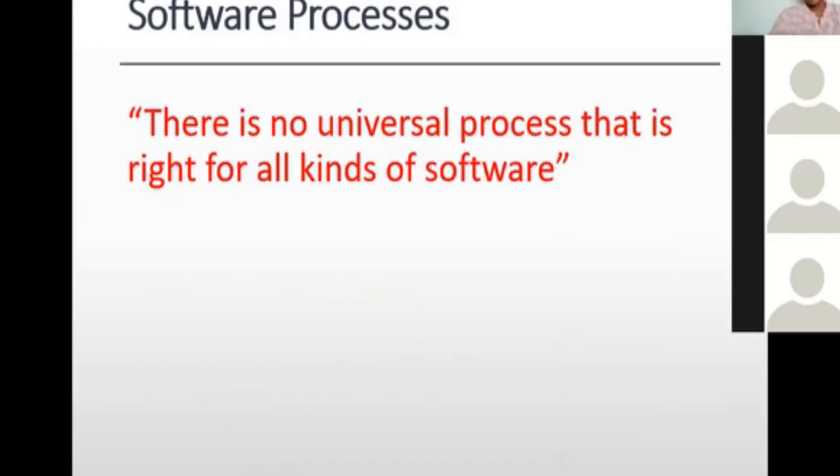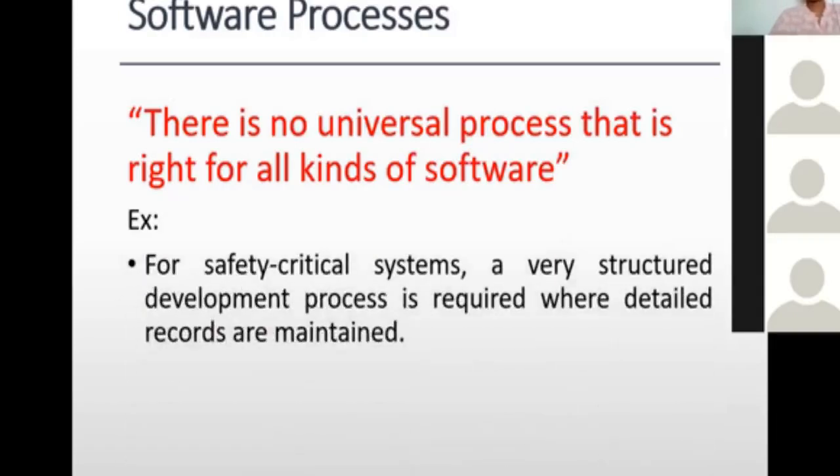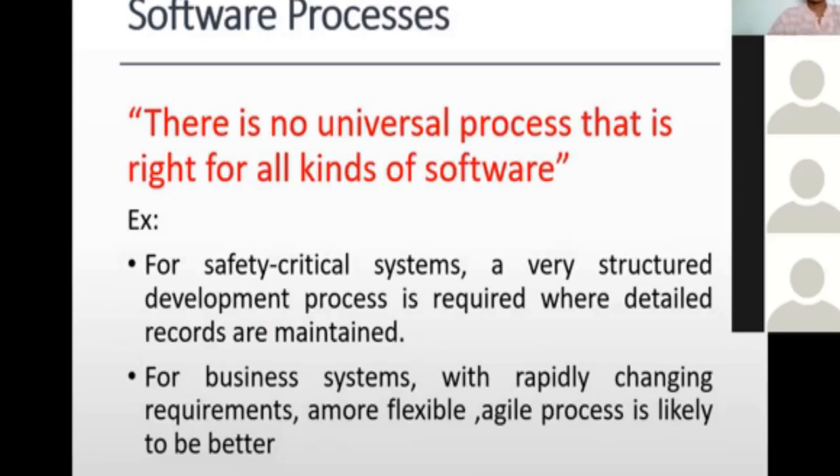Now you have to remember, there is no universal process for each and every software. Softwares are different from one to another. There are safety critical systems, like a tsunami alarming system, where according to the signal, that alarm should be functioning, right?